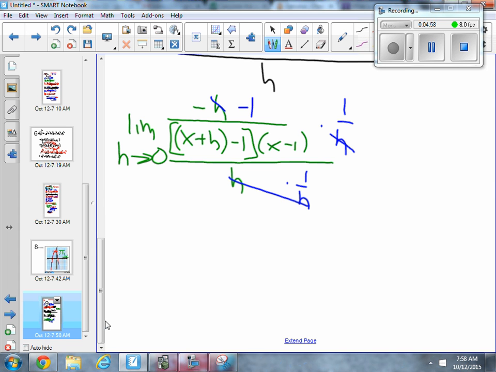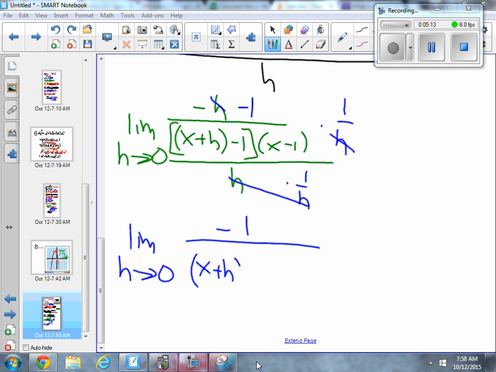So I'm going to have the limit as h approaches 0 of -1 divided by x plus h minus 1 times x minus 1.